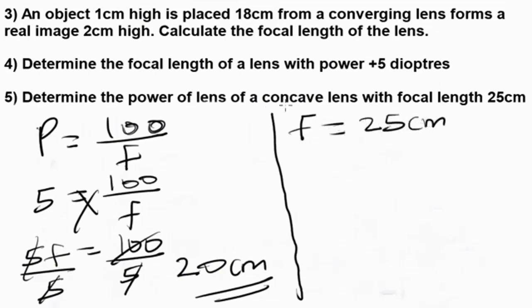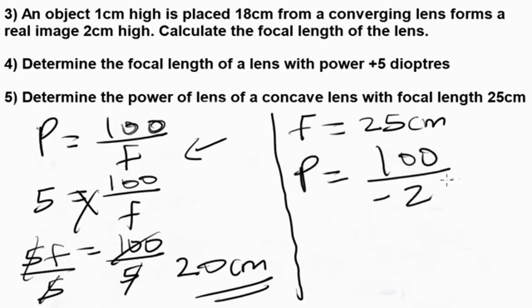But remember, this is a concave lens, and a concave lens or a diverging lens usually has a negative focal length. So when you express it in the formula we have here, the power P will be 100 over minus 25, because the lens is a diverging lens or a concave lens.